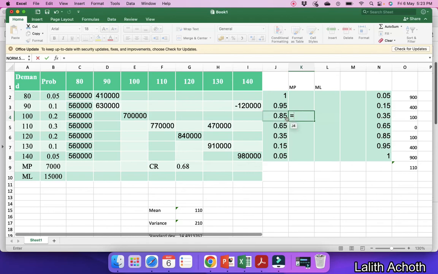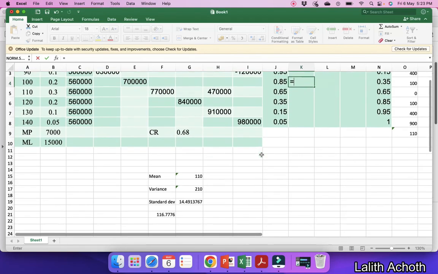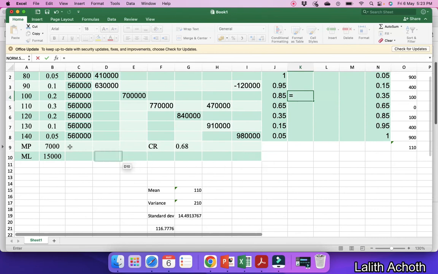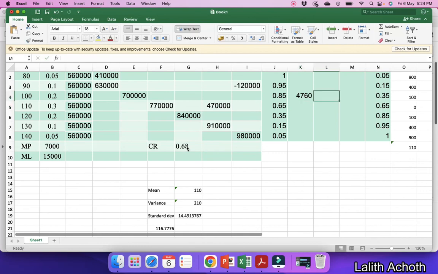That is 7,000. We calculated that earlier. Just marginal profit into critical ratio, and this will be marginal loss into 1 minus critical ratio, 4,800. Right? Then I will take it here also.